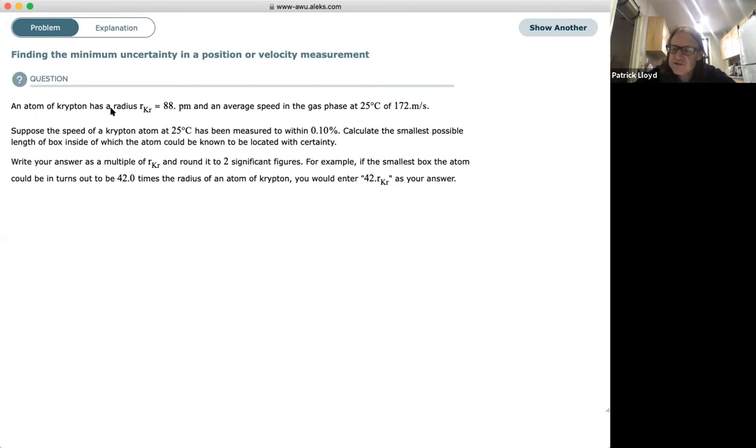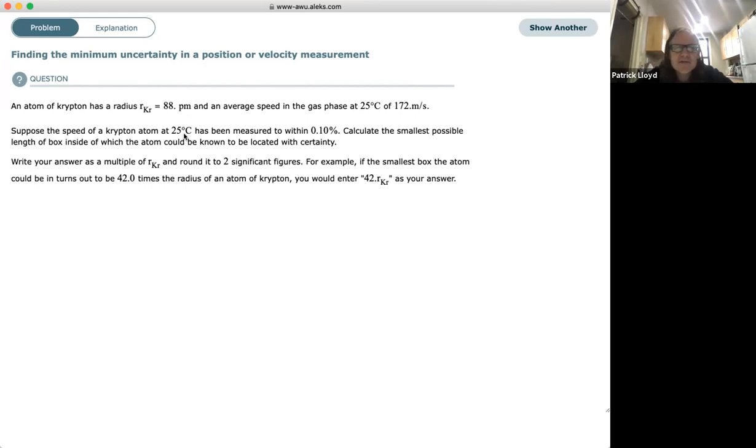We're looking at the uncertainty in the position and velocity of an atom. But they are small, so you can still do it. It has a radius of 88 picometers, 88 pm, and an average speed in the gas phase of 172 meters per second. Remember, we could do that calculation. If we know the temperature of a gas, we can figure out what its average speed is. We could do that from chapter 10. Square root of 3RT over molar mass. We could do that, but they're telling it to you right there.